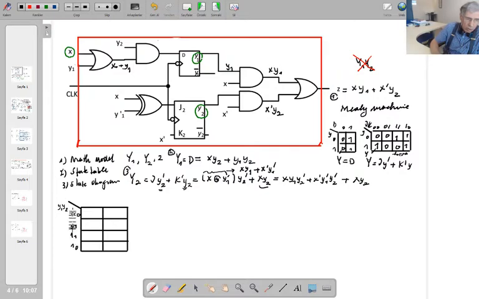Pay attention that this order is the kernel map order. Why am I writing it in the kernel map order? Because I am going to transfer my three variable functions to this. When it is kernel map, it is easy to transfer these functions on this kernel map. That's why we are keeping the kernel map order here.